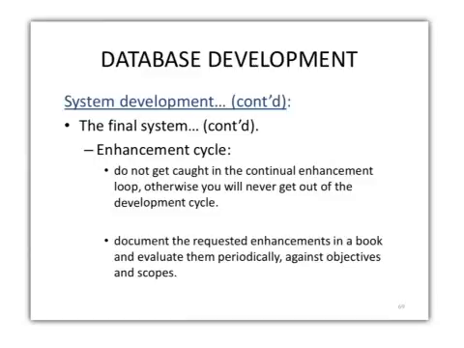The major thing to keep the system updated is that we need to document the requested enhancements in a book. Then we have to meet to evaluate them periodically against objectives and scopes. Sometimes we will get requests from other divisions that are not really related to the pavement management system, and maybe we will not consider them at the current time, but we may in the future.